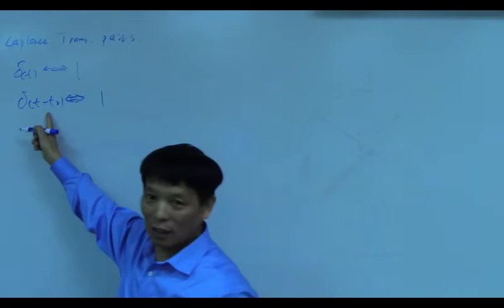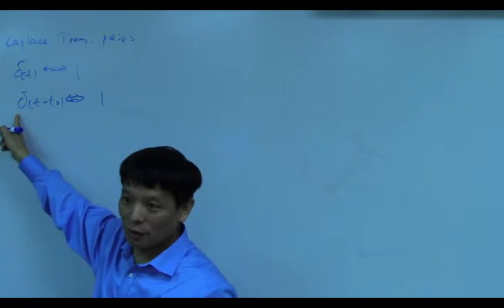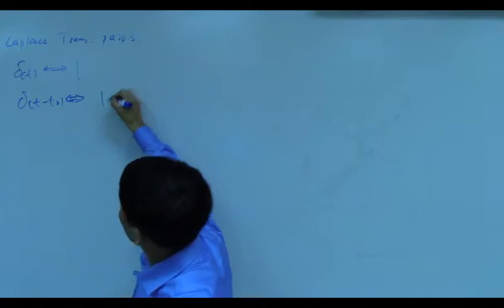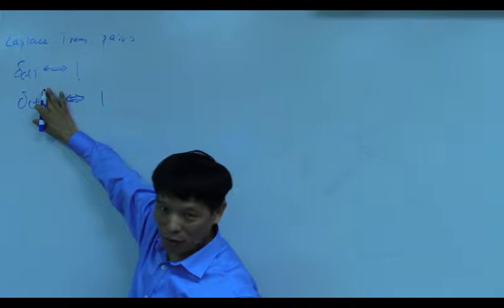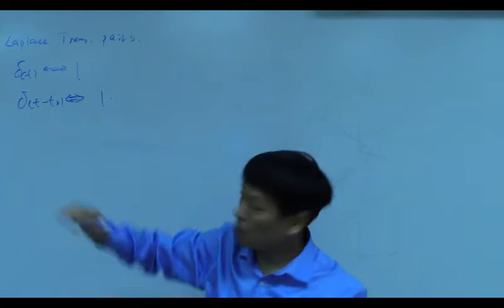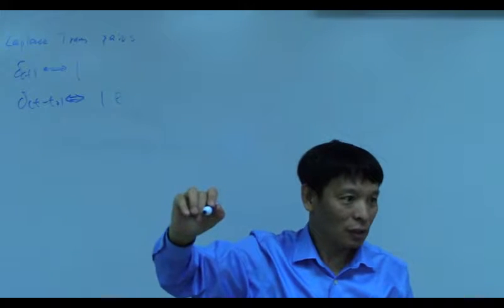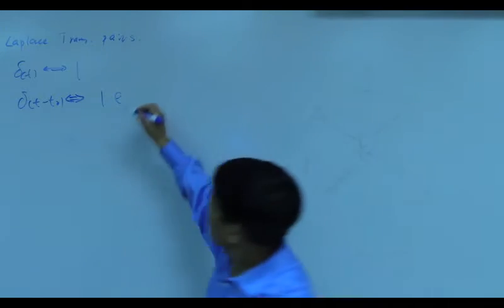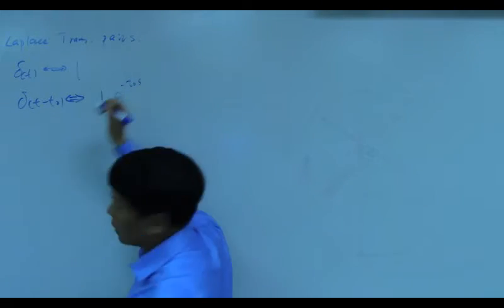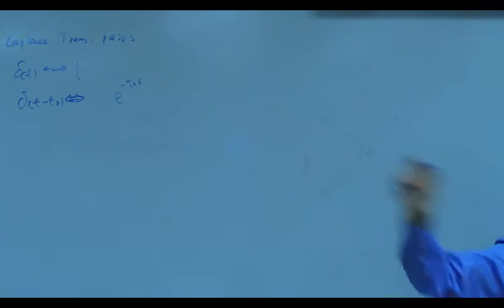This one is only delayed in time, so the form is still this function, so still equal to 1. You ignore this minus t0, so the impulse still equals 1. Then it must be multiplied by the exponential, which is e to the negative t sub 0 times s. So that's the result.